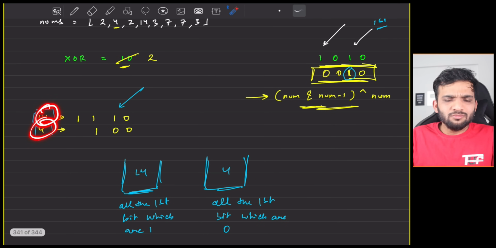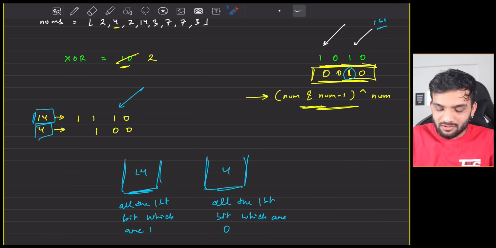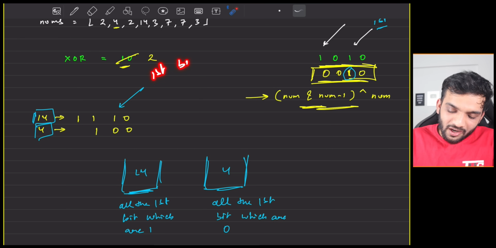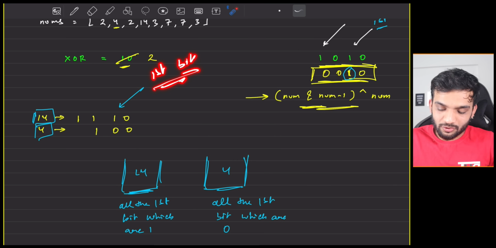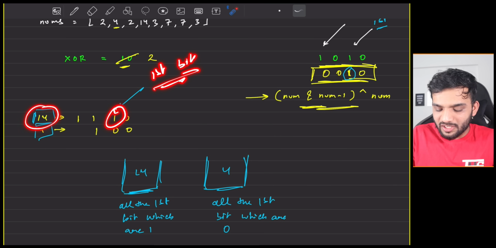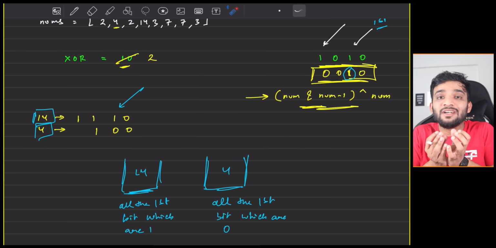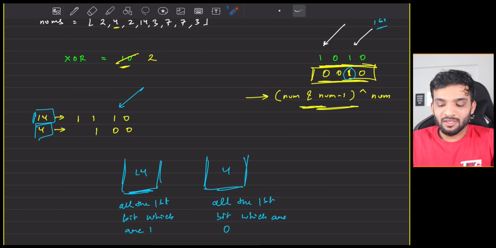I was able to separate 14 and 4 on the basis of first bit because that bit was different in each. So 14 would go here and 4 would go here. I was able to separate them into two different buckets. Very, very simple.